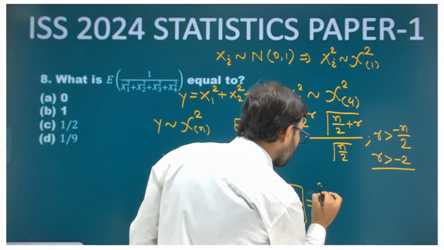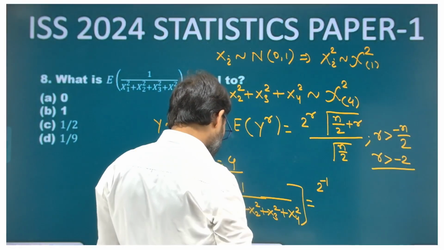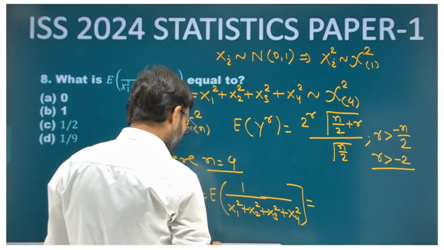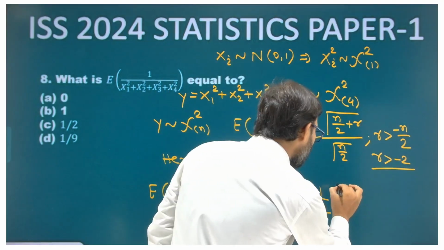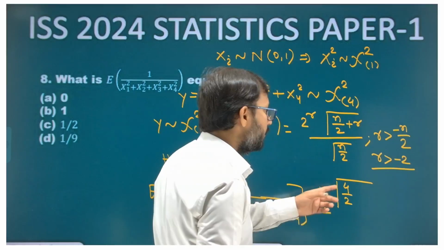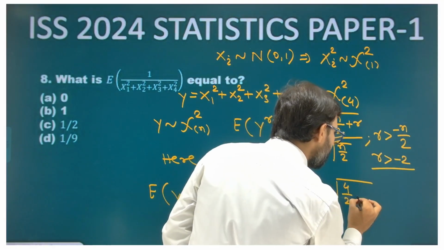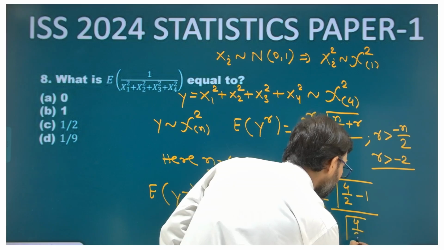So this will be 2 to the power minus 1, that is 1 by 2. There is no issue. 1 by 2, and gamma (4 by 2 minus 1) upon gamma (4 by 2).